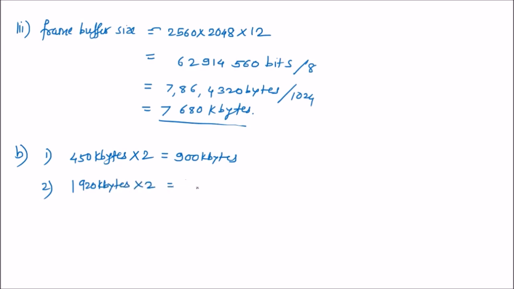So it is 3840 kilobytes. And third case, it is 7680 kilobytes into 2, that is 15360 kilobytes. So size is just doubled in case of 24 bits.